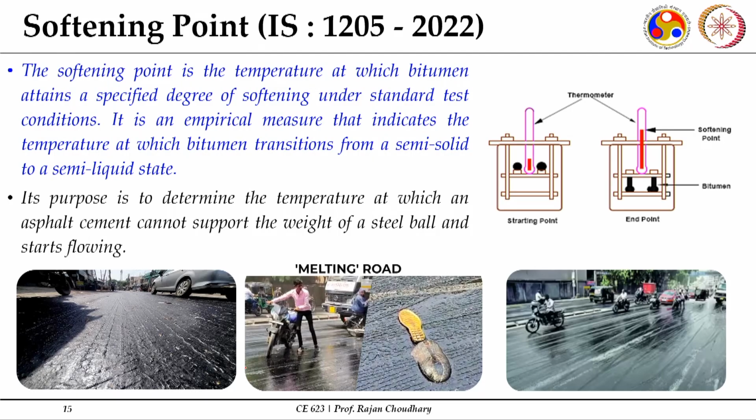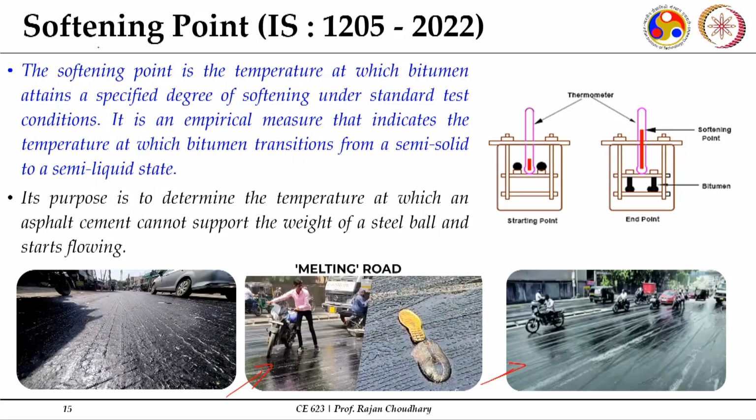You might have seen news sometimes about some road sections getting stuck to the vehicle tires, and especially the roads melting down. What is happening? The binder is becoming soft at higher temperatures. So, in addition to viscosity and penetration, there is one popular test to measure the consistency, the softening point test.